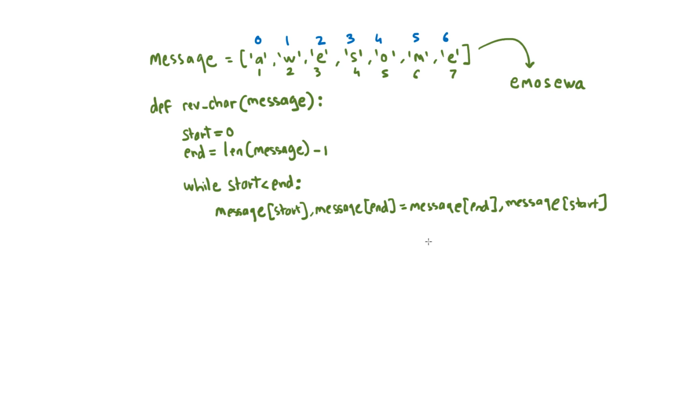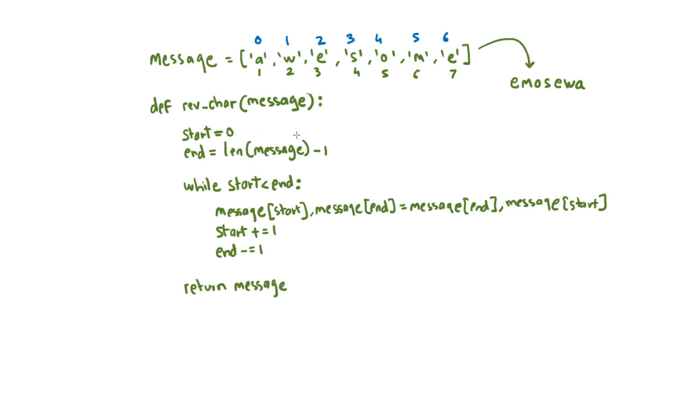Alright, so what we are doing is we are swapping the start with end and end with start. Not exactly the index, but the characters at those indexes. And we will also, after doing that, increment the start pointer by 1 and decrement the end pointer by 1. And when start is greater than end, our program execution will stop, and that's when we return the result, which is the message.